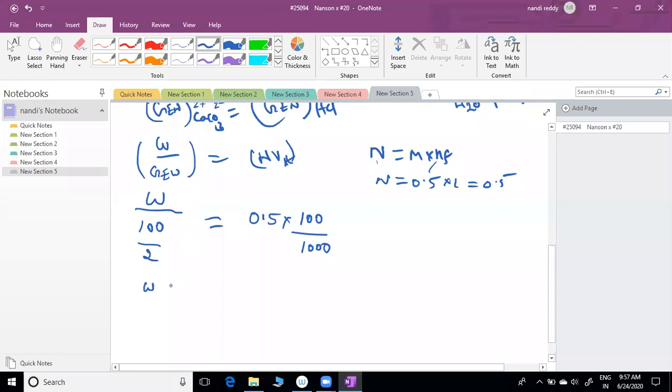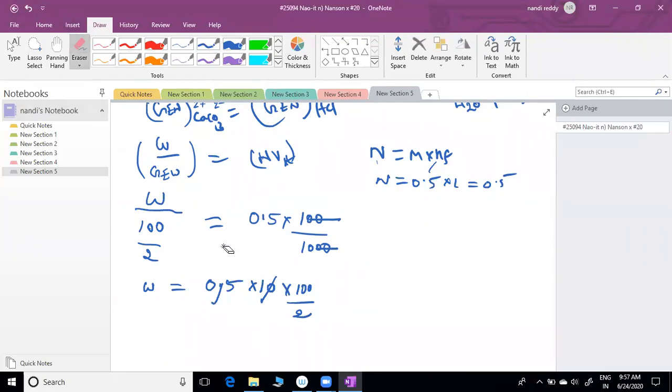W equals 0.5 into, I think this we can cancel here, 10 into 100 by 2. Is it clear? How much will you get? Sorry, small mistake.